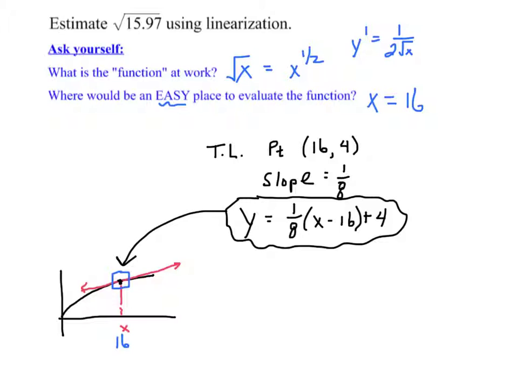So let me do that. I'm going to evaluate my tangent line at 15.97. So I have 1/8 multiplied by 15.97 minus 16, which is negative 0.03. I'm going to write that as negative 3/100ths.